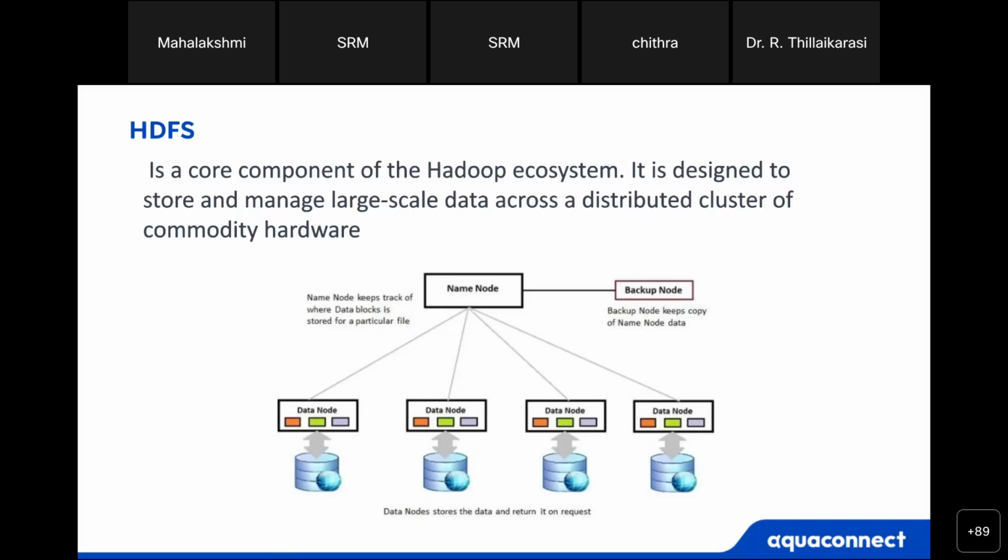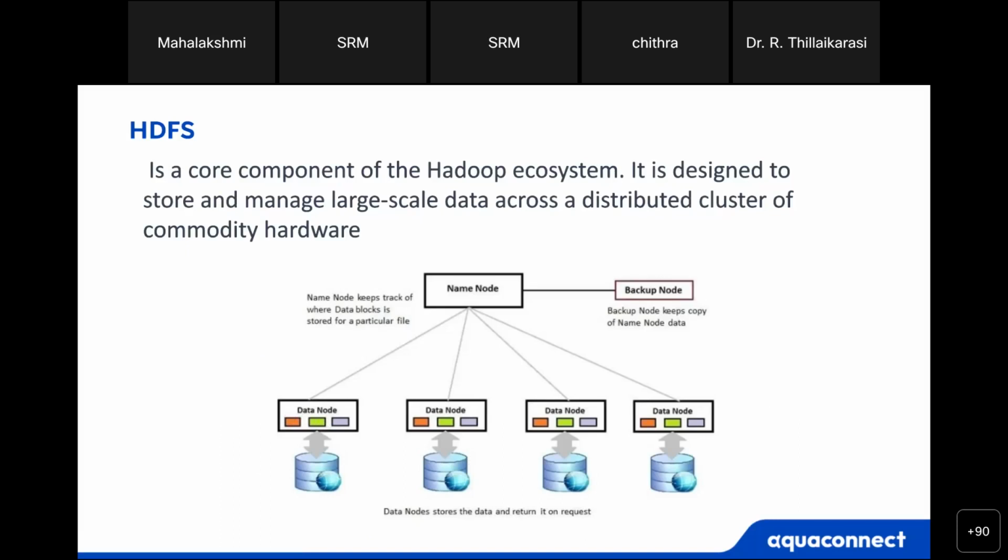If I stored my 580 MB of data in a single data node, when data node 1 fails, I may not be able to get my data back. Since I stored it in different data nodes, this is called storing data in a distributed manner. It splits the data and distributes it across every node. So now I distribute my data across 5 nodes.